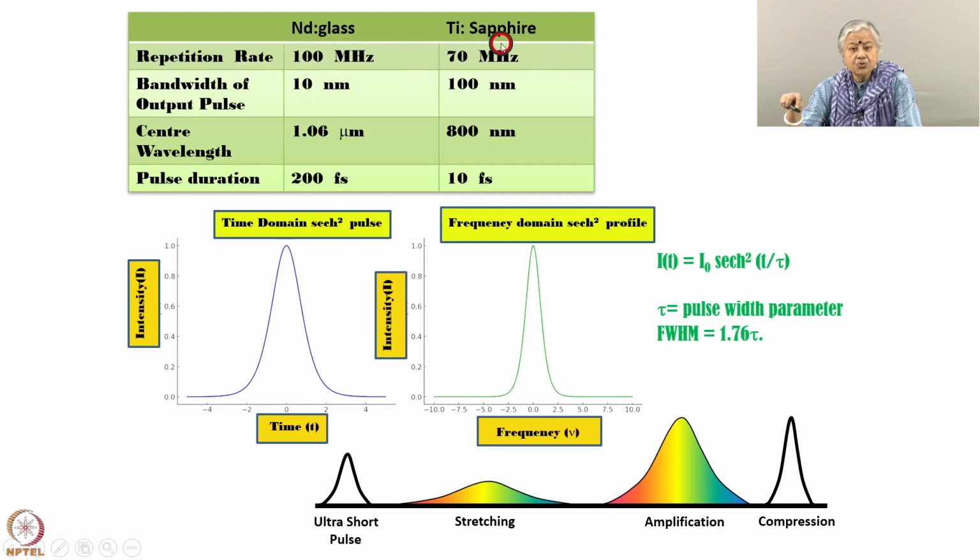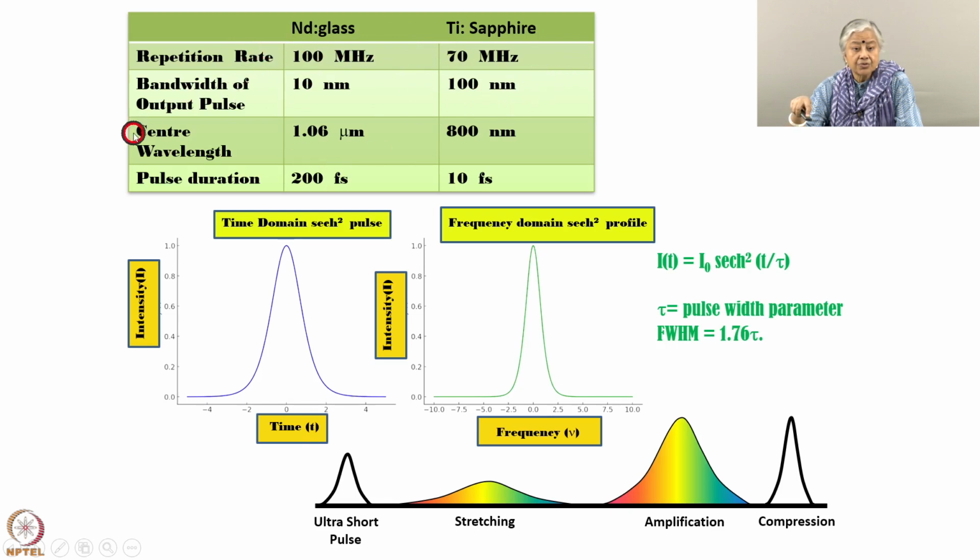Now, this value is dependent on how you have placed your cavity mirrors, etc. So, the length will depend on the placement of your optical objects, and the length of the resonator cavity will change accordingly. That is how you get how many megahertz you are likely to get at the output.